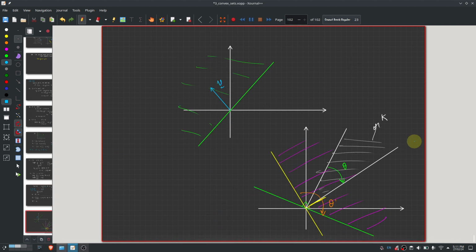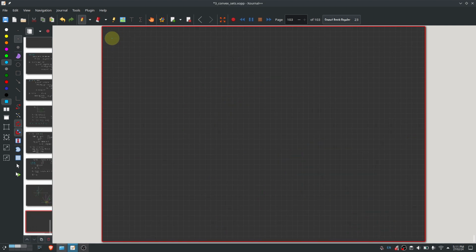So if you look at the dual of the dual of a particular cone, this will always be equal to the closure of the convex hull of K. So if K is both closed and convex, then the dual of the dual is the cone itself.